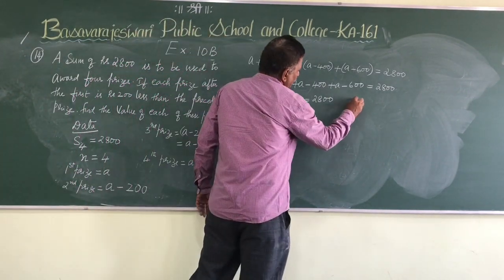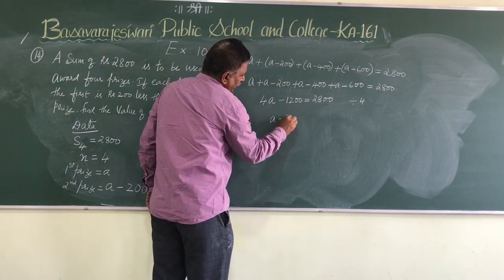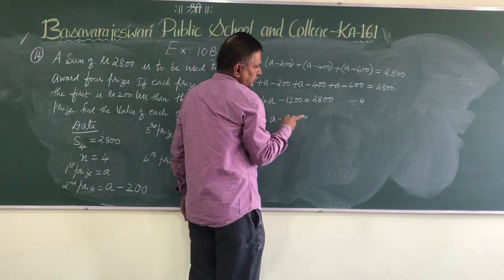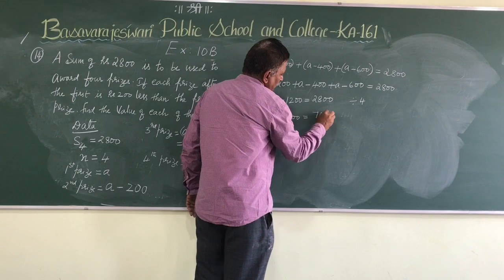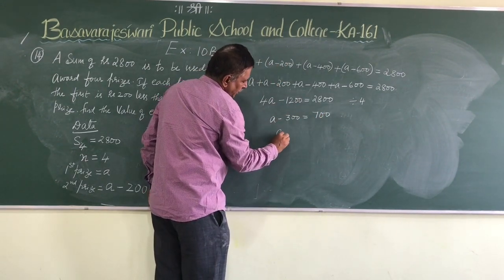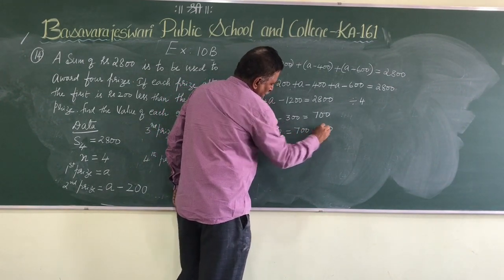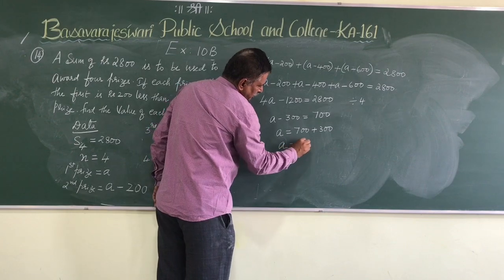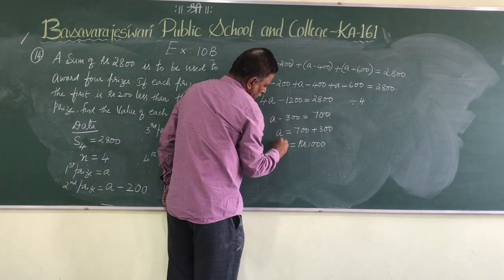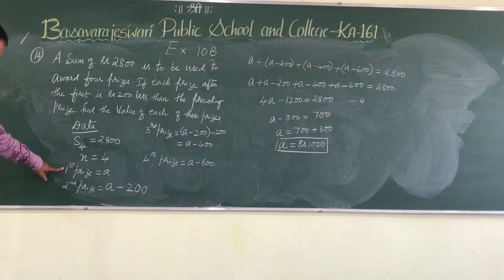So when I divide by 4, I will get A minus 300 equals 700. Send 300 that side, variable on one side, constant on the other side. A is equal to 700 plus 300. So A, which is the first prize, will be rupees 1000.